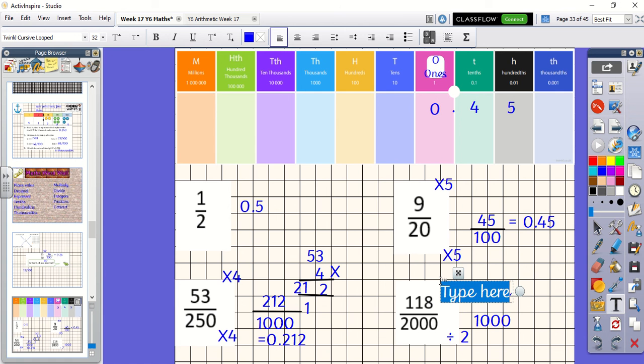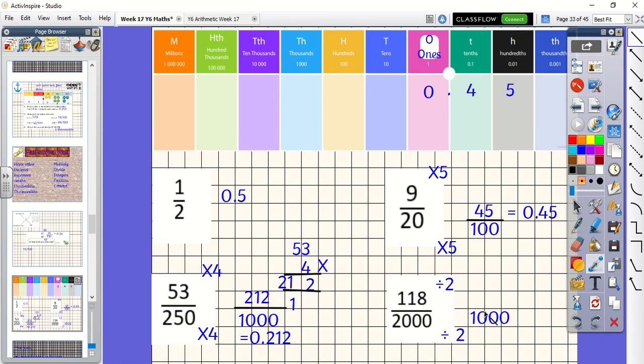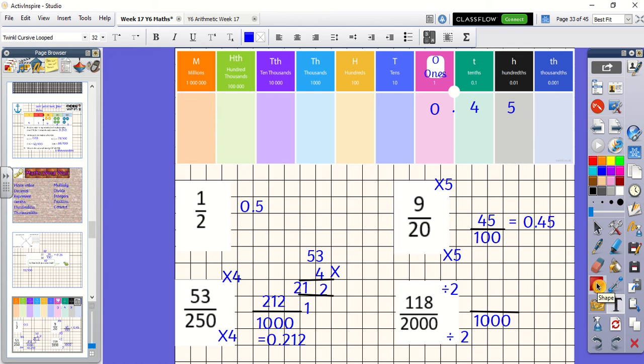So I now need to do my numerator, and I need to do 118 divided by 2. So we need to half 118. Now I know that half of 100 is 50 and half of 18 is 9.